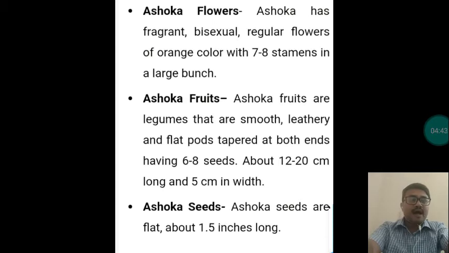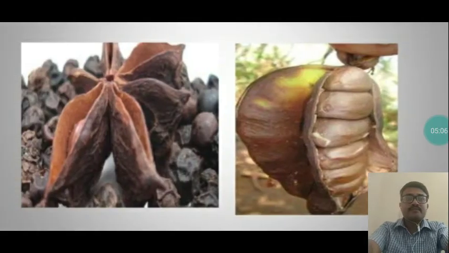Ashoka fruits are legumes that are smooth, leathery, and flat pods tapered at both ends, having 6 to 8 seeds, about 12 to 20 centimeter long and 5 centimeter wide. Ashoka seeds are flat, about 1.5 inches long. Here, this picture demonstrates the fruits and seed of Ashoka.